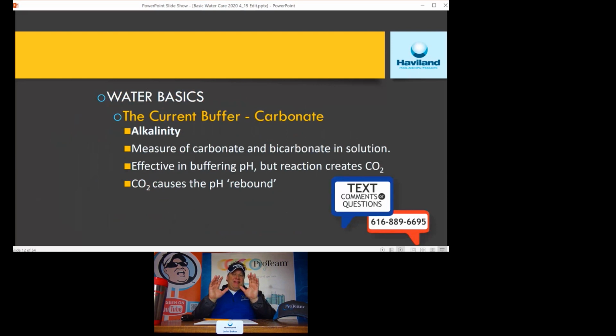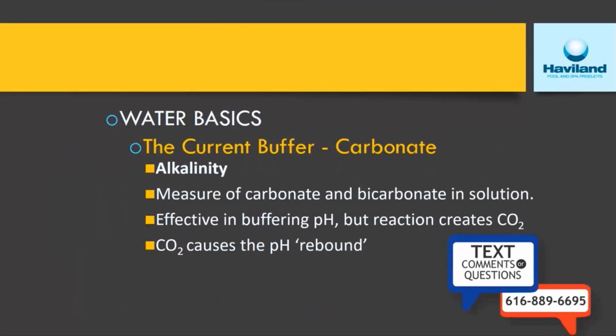Now, that said, I'm going to introduce you to another buffering mechanism for your pH that really makes life a lot easier on everybody. Our current buffering system, total alkalinity, is comprised of carbonates, bicarbonates, and hydroxides in the water. Okay, that's great.